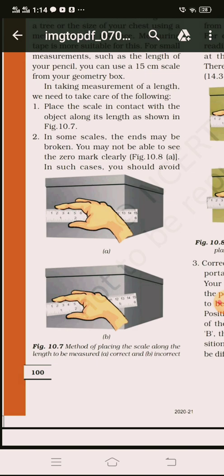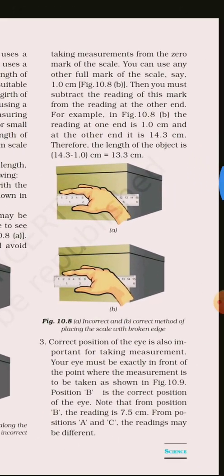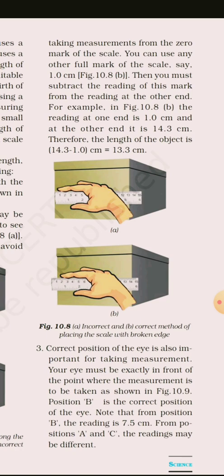Okay, so in some scales the end may be broken, you may not be able to see the zero mark clearly. In such a case, you should avoid taking measurement from the zero mark of the scale. You can use any other full mark of the scale, say 1 centimeter.